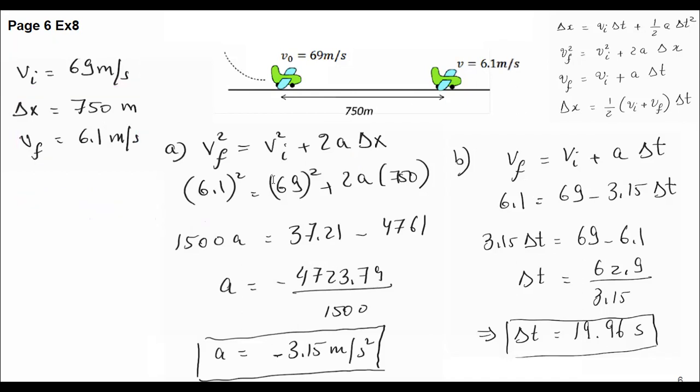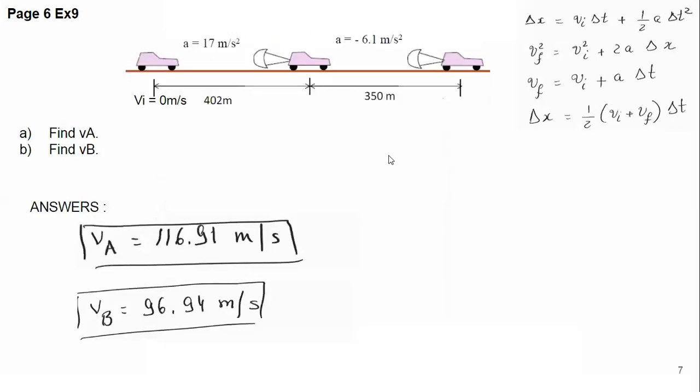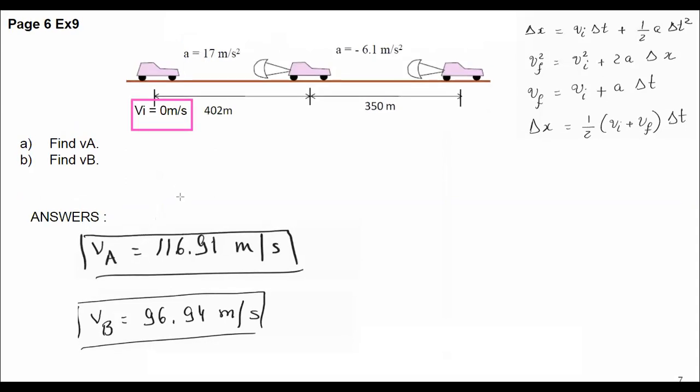Let's move to the last problem for today's lecture. It's number 9. So a drag racer starting from rest means V initial equal 0. Okay, V initial equal 0. Speeding up for 402 meters.